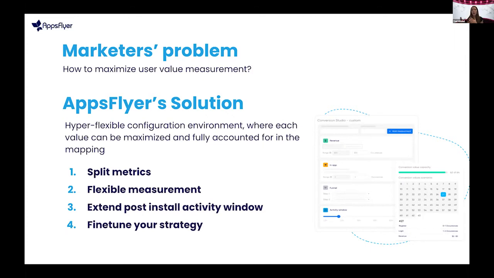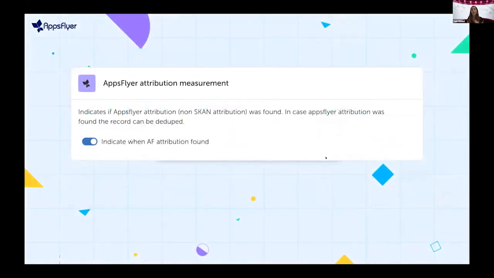So we talked about the metrics that we would like to measure, but how can we now understand the actual picture of our marketing performance? In the Conversion Studio, we provide an option to allocate 1 bit in order to indicate if a specific install was also attributed to AppsFlyer or not.